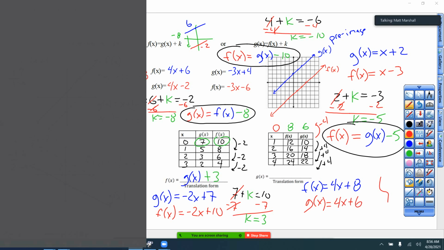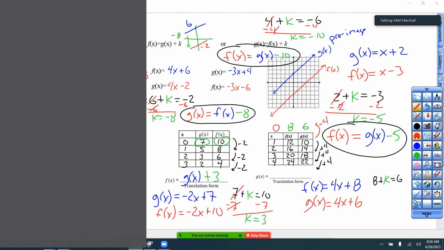And then even though some of you realize if it's starting at 8 and going down by 6, it's going down by 2, still, show me the math. Humor me. Know that one day in college, you will not have to show any work at all. But high school level, gotta show everything.